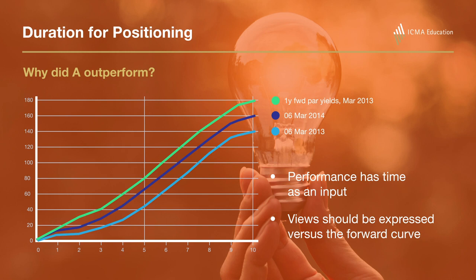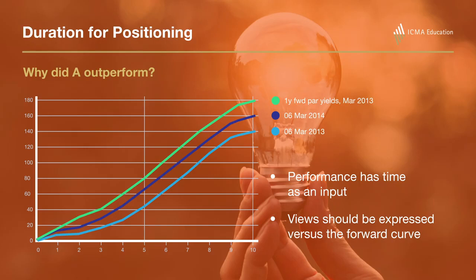The light blue curve here is the bund curve at the beginning. The dark blue is the bund curve at the end, but we've added a third curve, which is the green curve. The green curve is based on the light blue curve. Where is the market pricing par bond yields, so yields on bonds, in a year's time?